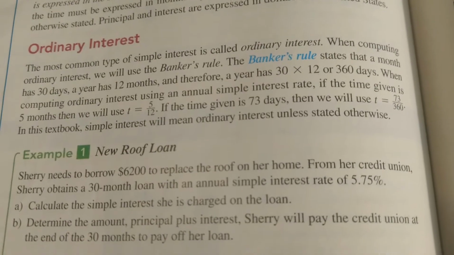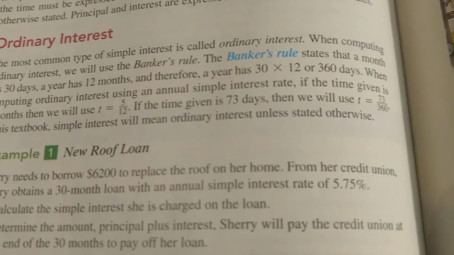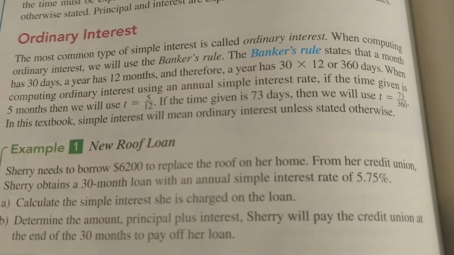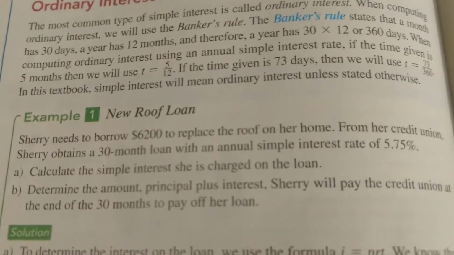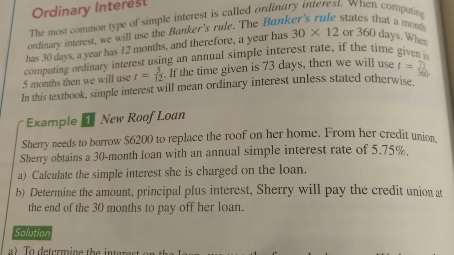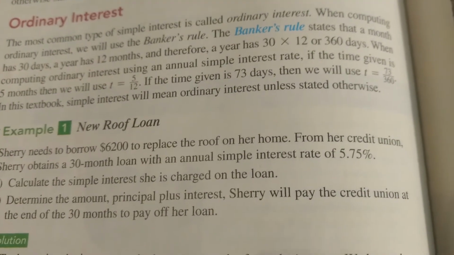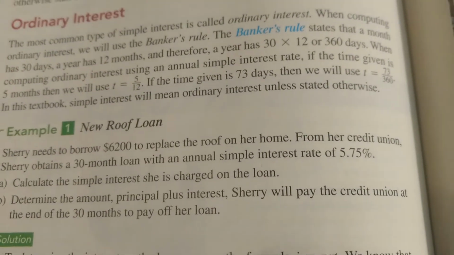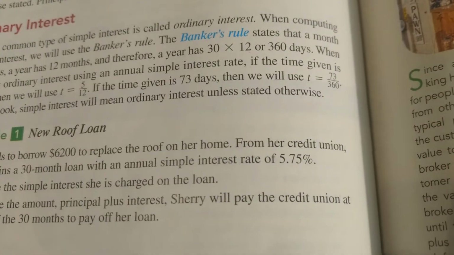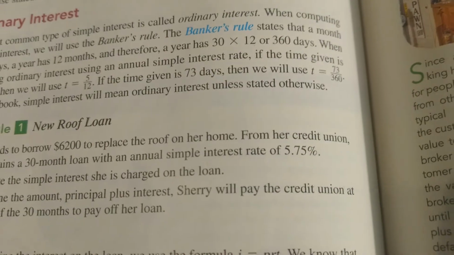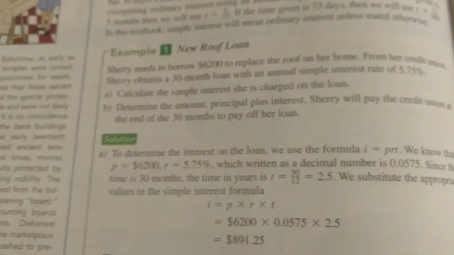When computing ordinary interest using an annual simple interest rate, if the time given is 5 months, then we will use T as 5 divided by 12. Remember, I told you T has to be in years. If the time given is in days, then we'll do the number of days divided by 360. So you always have to convert your time into years if it's not already in years.